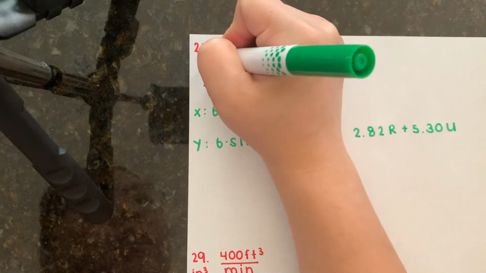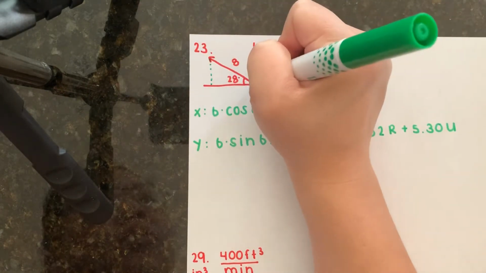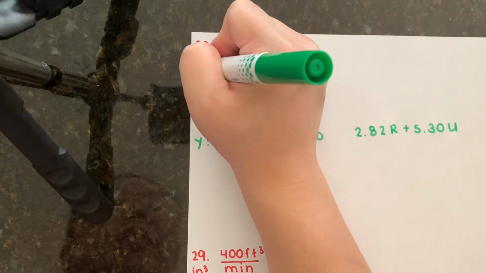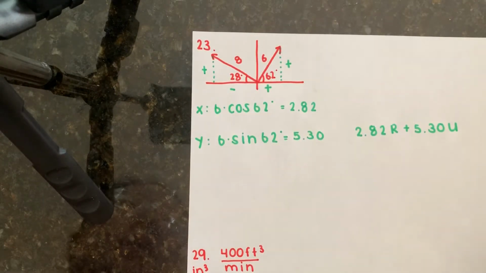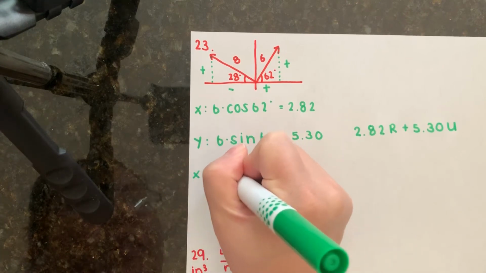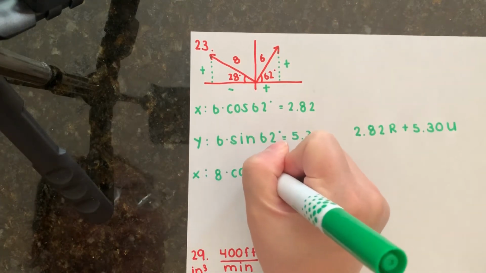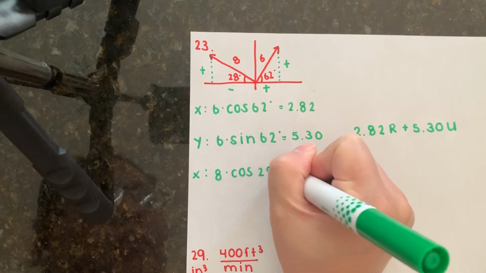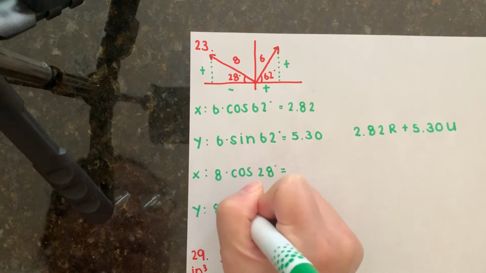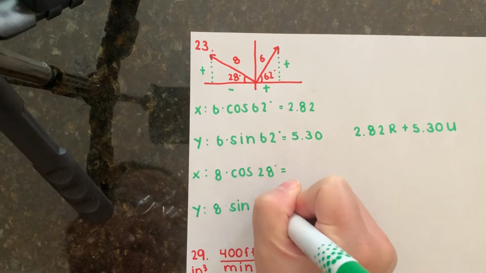Now for my second triangle, this one's going to the left of the origin, so my r is going to be negative. It comes up off the x-axis, so my u will be positive. Same process, so it would be slant times cosine of your angle, which is 28. And then y is going to be slant times sine of your angle.